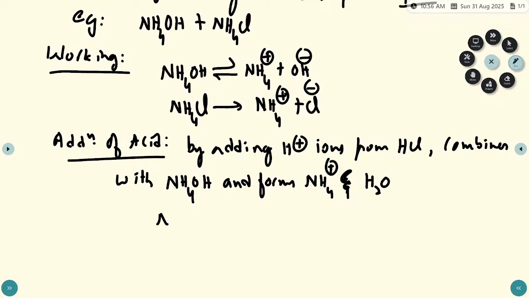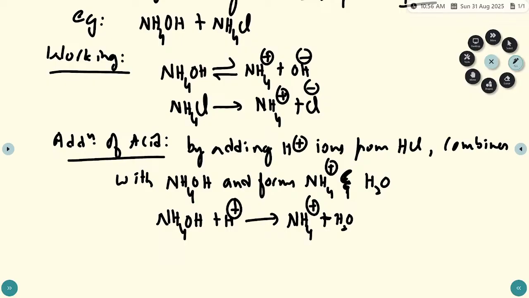So here the H plus ions attract the OH minus ion from the ammonium hydroxide. H plus ion and OH minus ion form water, and NH4 plus ions are formed. You know that water is a weak electrolyte. It never changes the pH of the buffer solution. So when water is formed, there is no change in the pH.